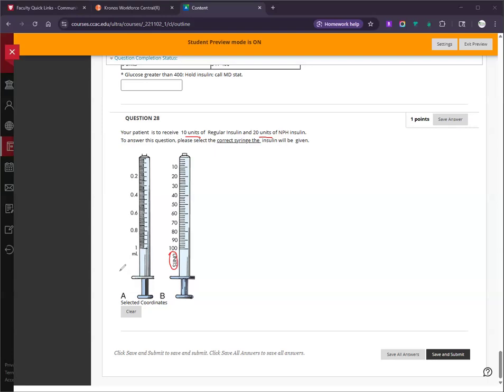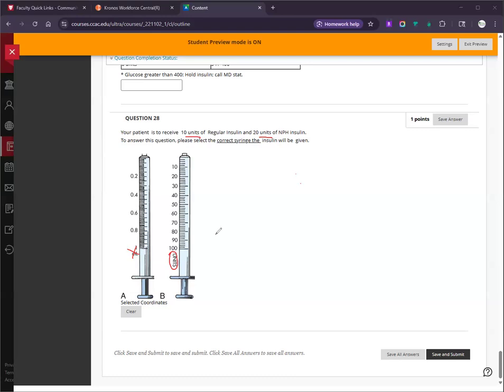These are insulin syringes. We do not want to use the ml syringe, because we don't know what the ml is. Even if they gave you a label and even if you could calculate it, you don't use it. Even if you can get an actual number that would fit on the syringe, you don't use it. You use the unit syringe for insulin.